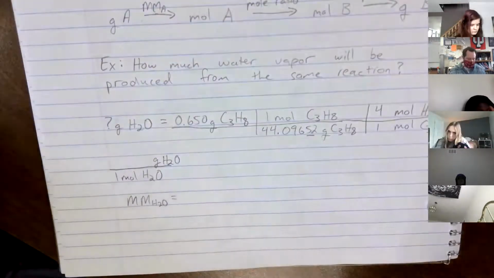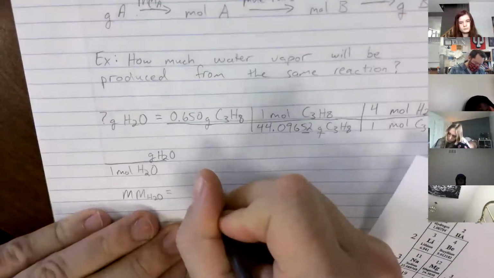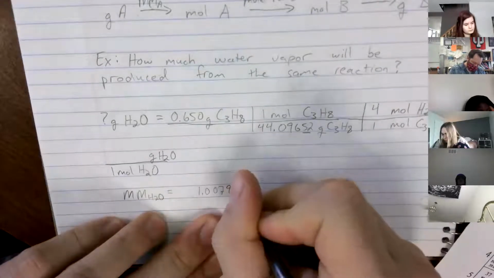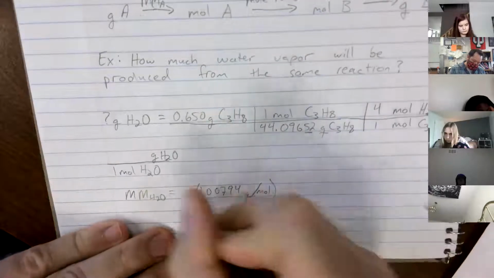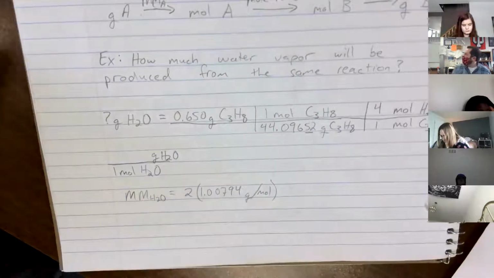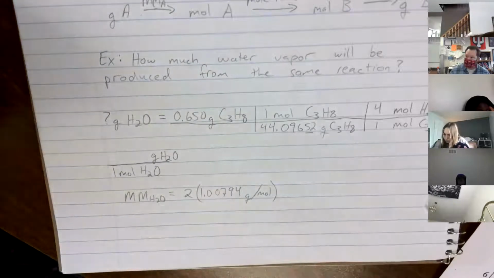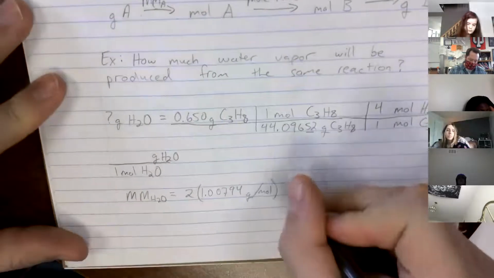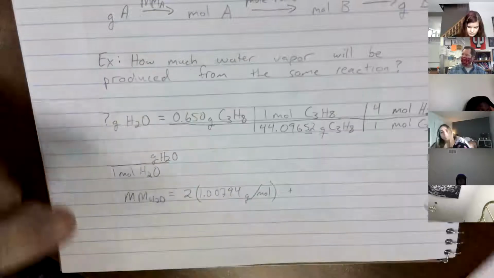Molar mass of water, we're going to have hydrogen, and we're going to need to multiply it by 2. There are 2 of them. And then we're going to add that to the mass of oxygen, 15.9994.